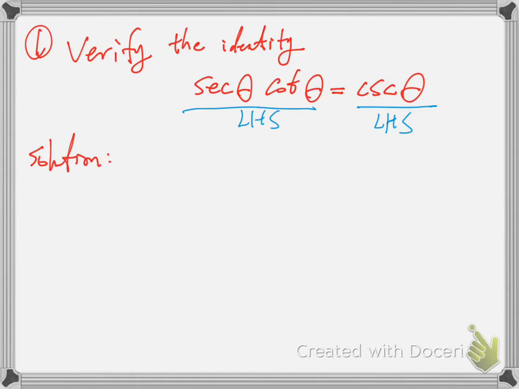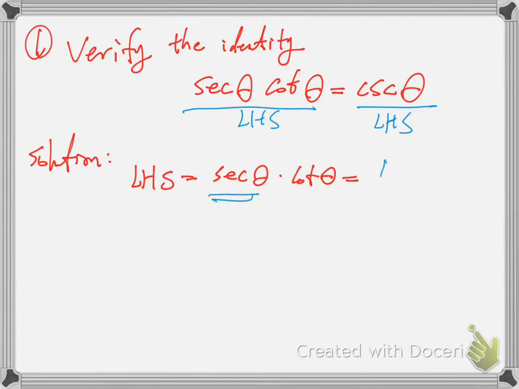We have to change both sides. We change them, and if we get the same result, then they are the same. For the left hand side, we need to change secant times cotangent to sine and cosine functions.